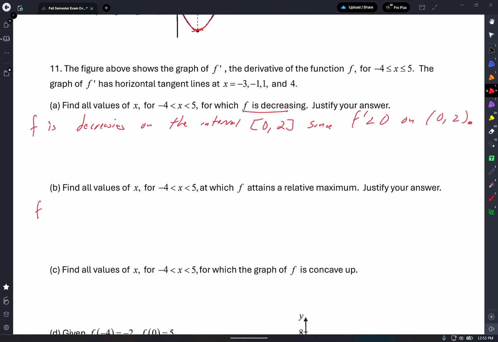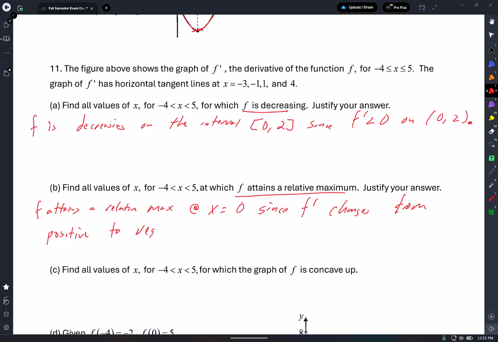So I'll write f, and I'm just going to copy the stem. f attains a relative max at x equals 0 since f prime changes from positive to negative at x equals 0. And I know it sounds silly to say it again, but just say it again. f attains a relative max at x equals 0 since f prime changes from positive to negative at x equals 0. And there it is.